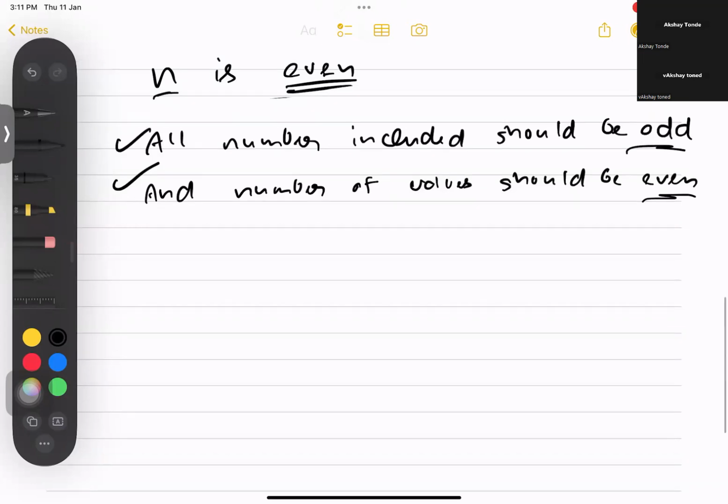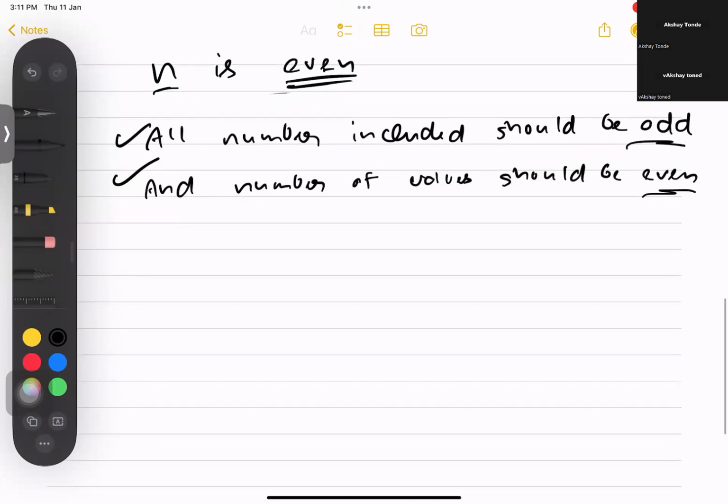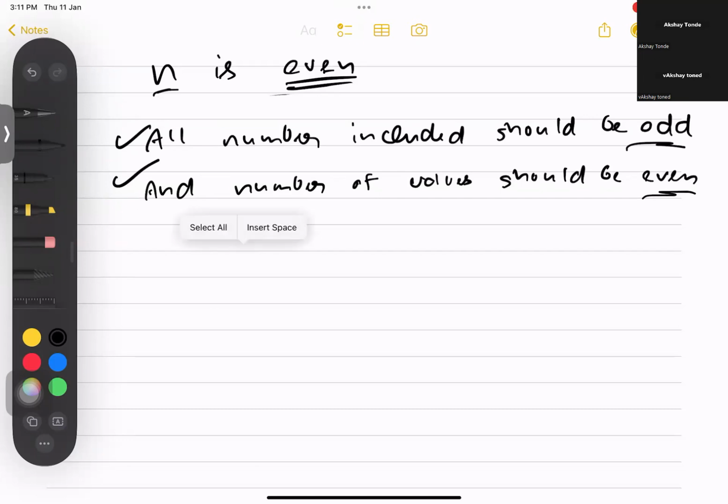Now let's take some of the most basic cases, since the number of values should be even. Let's say I want to include two numbers. I'll take the smallest two possible: 1 and 3.